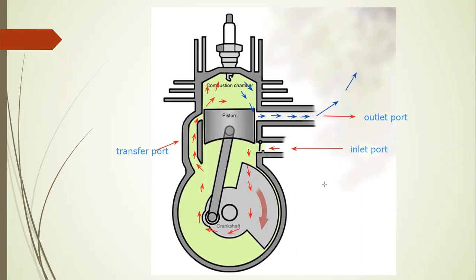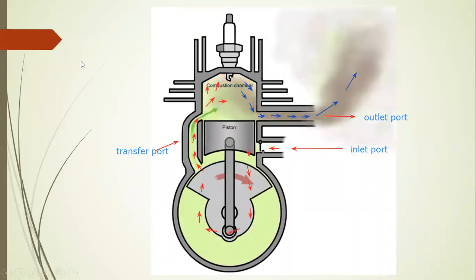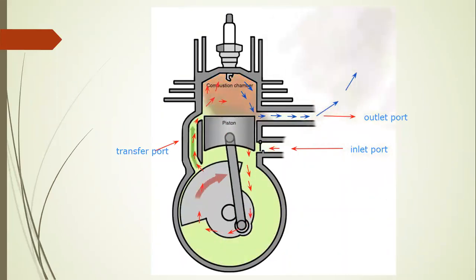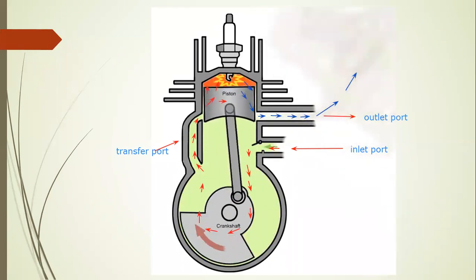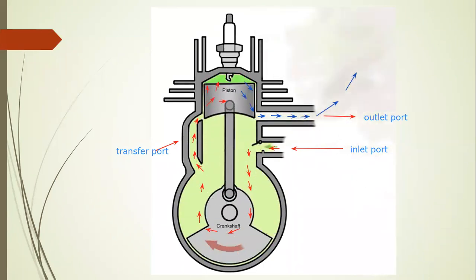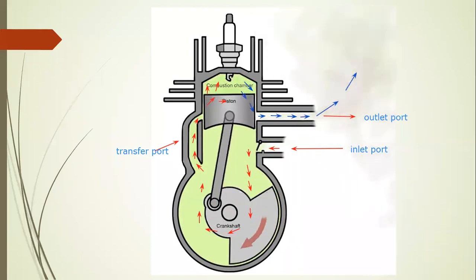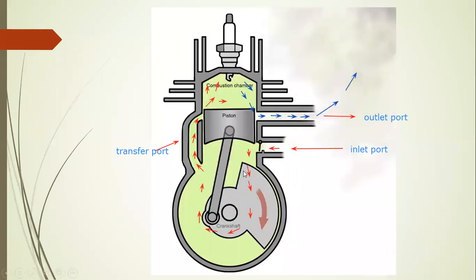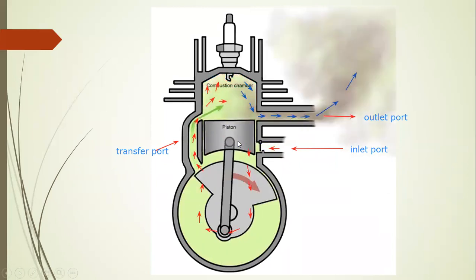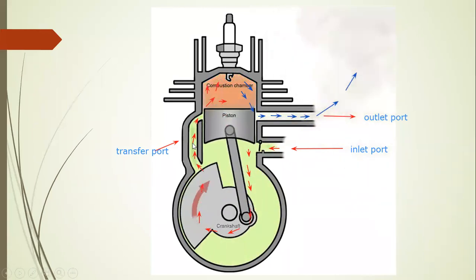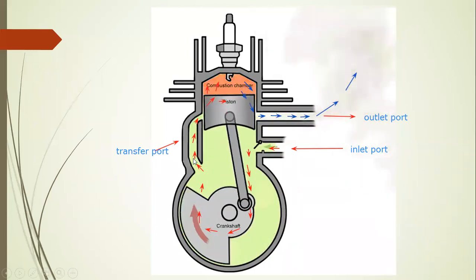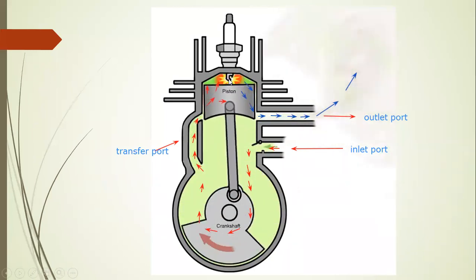The two strokes are working in parallel. Just look at the working file. Through the inlet port, the fuel comes from the carburetor as an air and fuel mixture and enters into the crankcase. Here is the crankcase. And then it is pushed by the piston, increasing pressure, and the fuel is transferred through the transfer port to the combustion chamber.